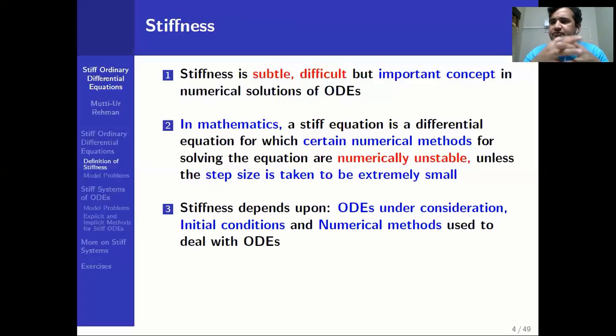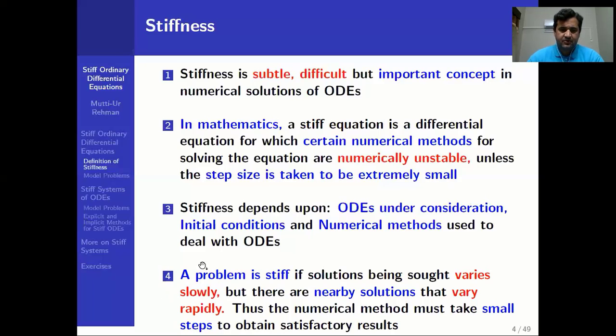The stiffness of an ordinary differential equation, or a system of ordinary differential equations, depends not only on the differential equation under consideration, but also on the initial conditions for that particular problem, and of course it also depends on the numerical methods that you develop in order to deal with this kind of problems.